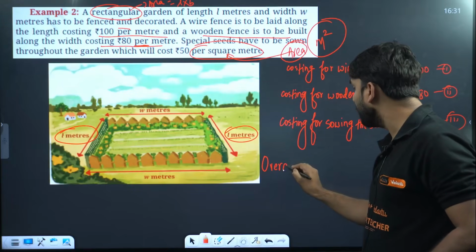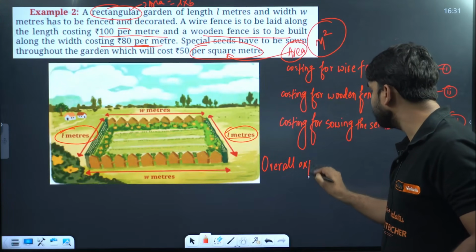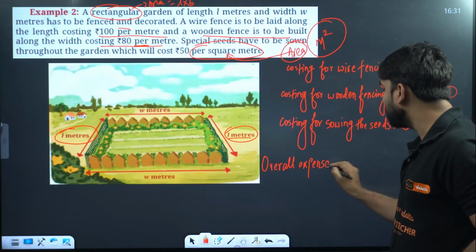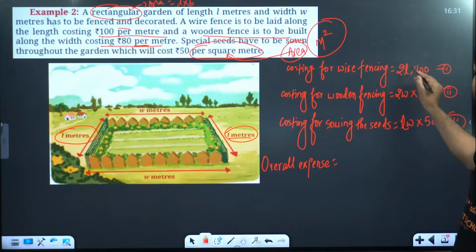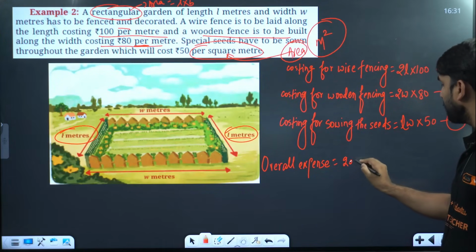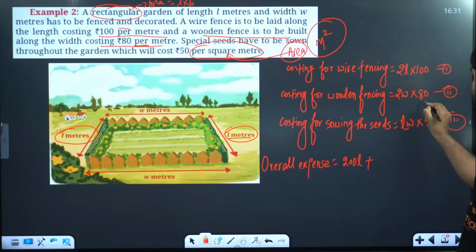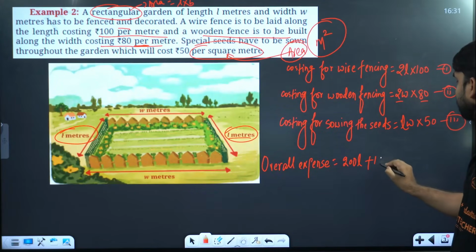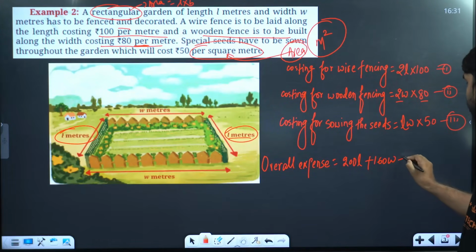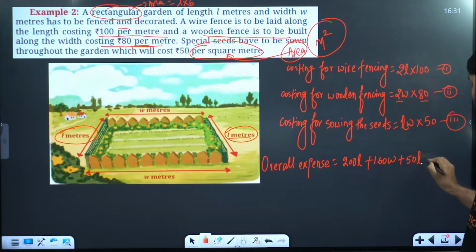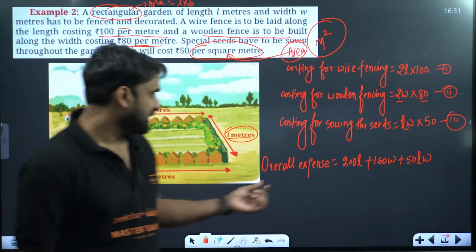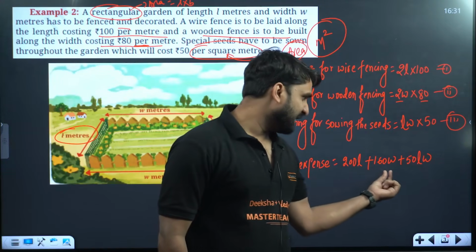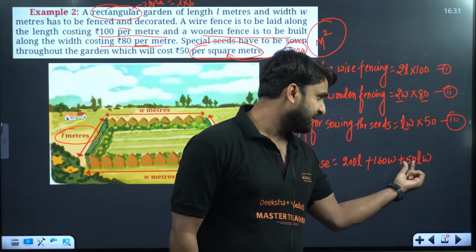Now the total overall costing. What will be the overall expense? Add all these values. So 2 into 100 will be 200L plus 80 into 2 will be 160W, and this is 50 into LW. So this is the linear equation we have: 200L plus 160W plus 50LW.